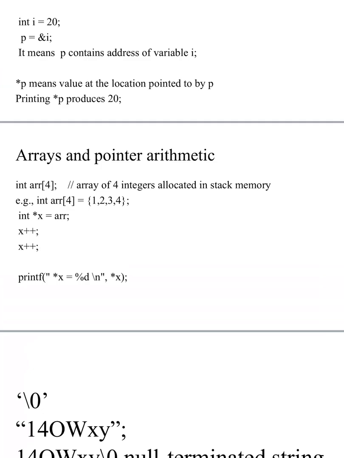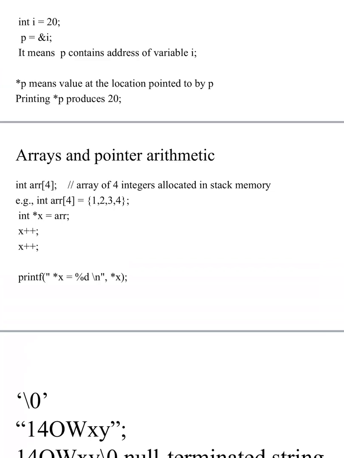The array has many different elements, so it will contain the address of the first location in memory. So ARR[0] would be the first element of the array. That's the address that it will store. And when you do x plus plus, because it's an integer pointer, doing plus plus goes to the next element, ARR[1], right?